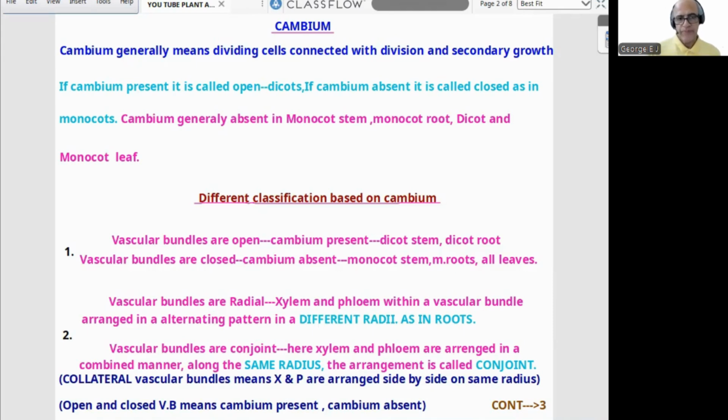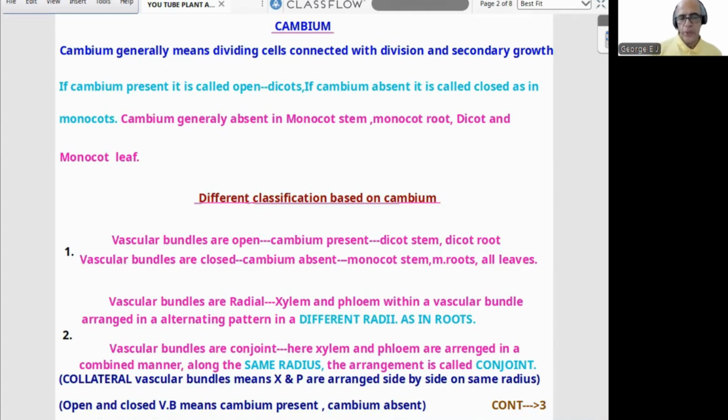and all leaves. Another item is vascular bundles are radial. Xylem and phloem within a vascular bundle are arranged in an alternating pattern on different radii. Typical example is root. That is called radial. Now, vascular bundles have another classification. It is called conjoined. Here, xylem and phloem are arranged in a combined manner along the same radius.